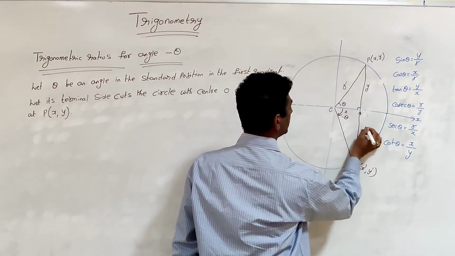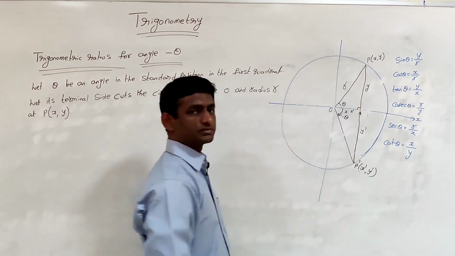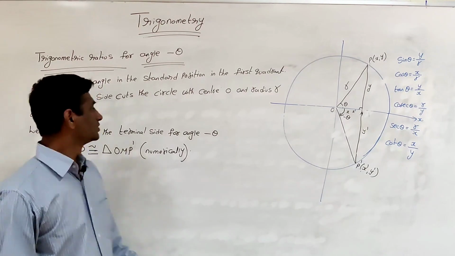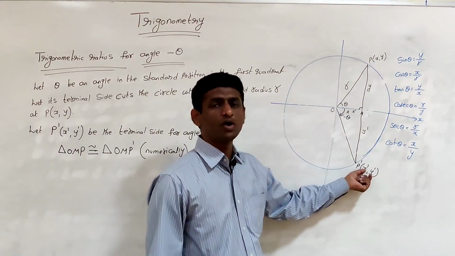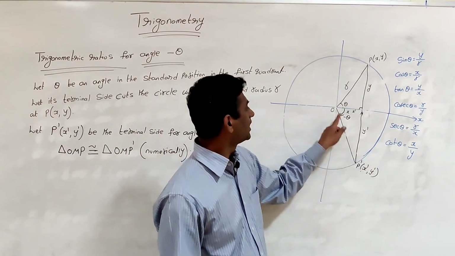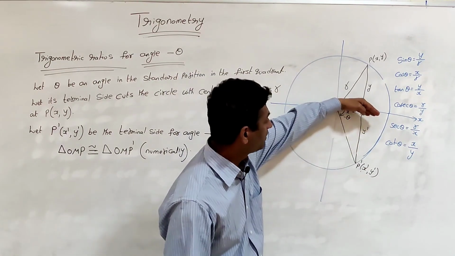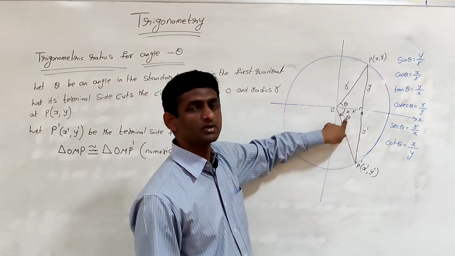Normally this will be y dash and this will be x dash for OMP dash. So let P dash (x dash, y dash) be a point on the circle, and OP dash is a terminal ray. If it moves in the clockwise direction, it gives minus theta.